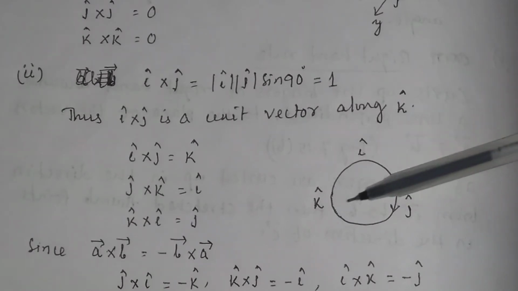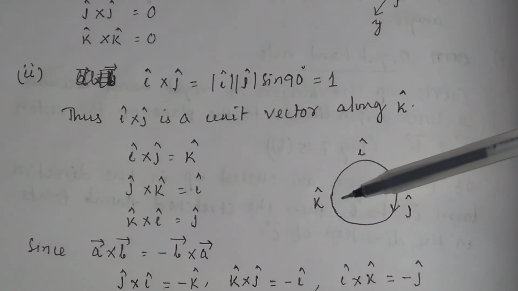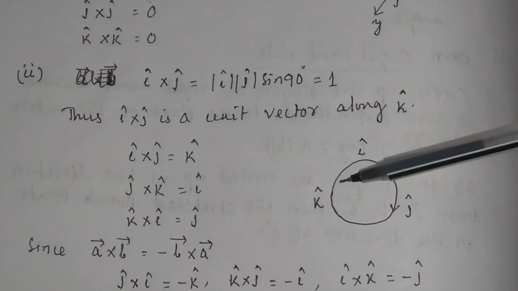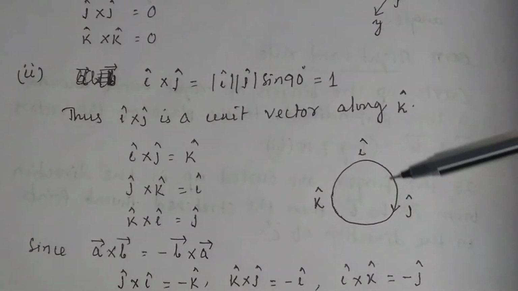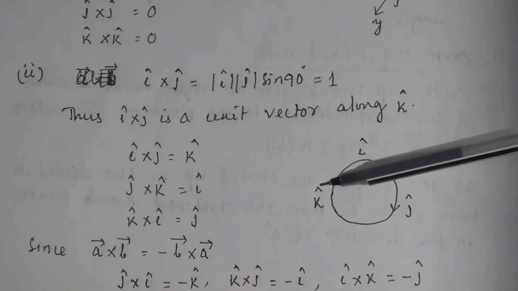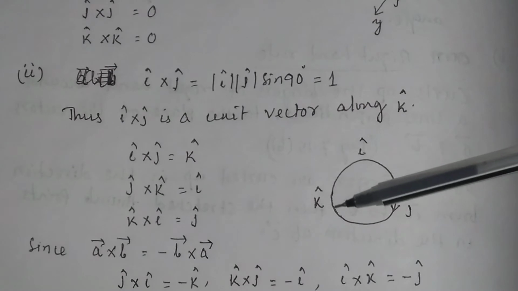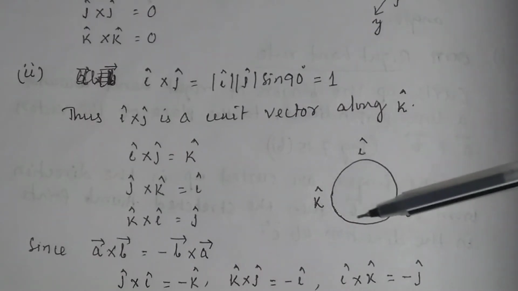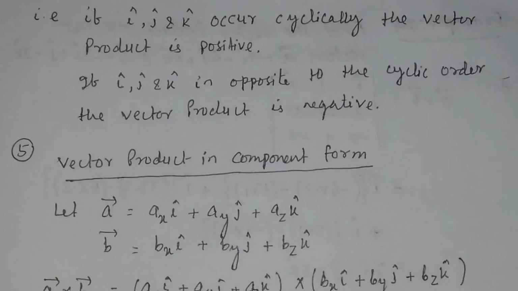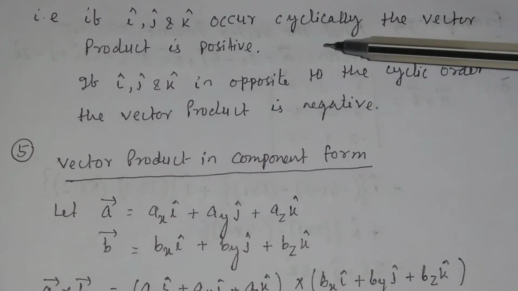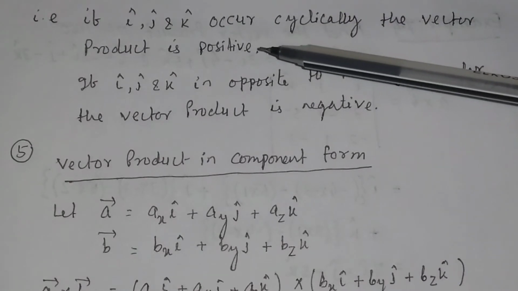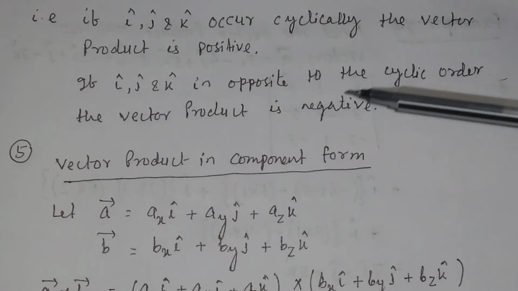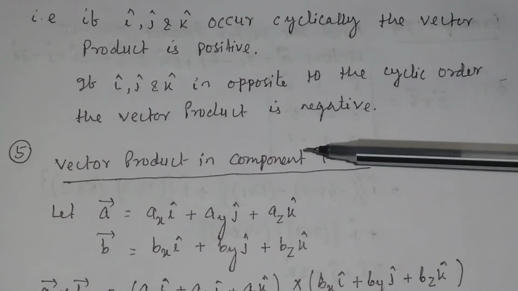If you take the opposite to cyclic order, that means j cap cross i cap will be equal to minus k cap, k cap cross j cap will be equal to minus i cap and i cap cross k cap will be equal to minus j cap. So in cyclic order you take the vector product or cross product as positive and in opposite to the cyclic order you take the vector product as negative.